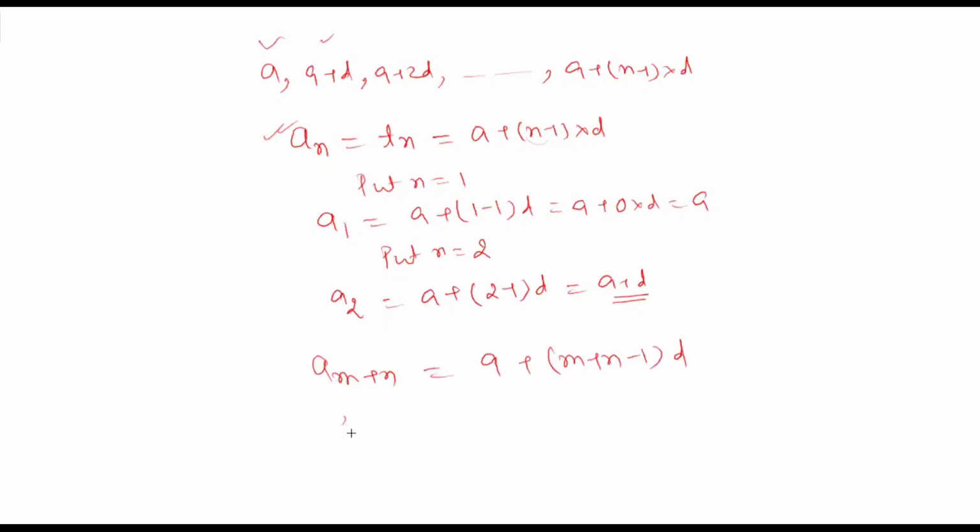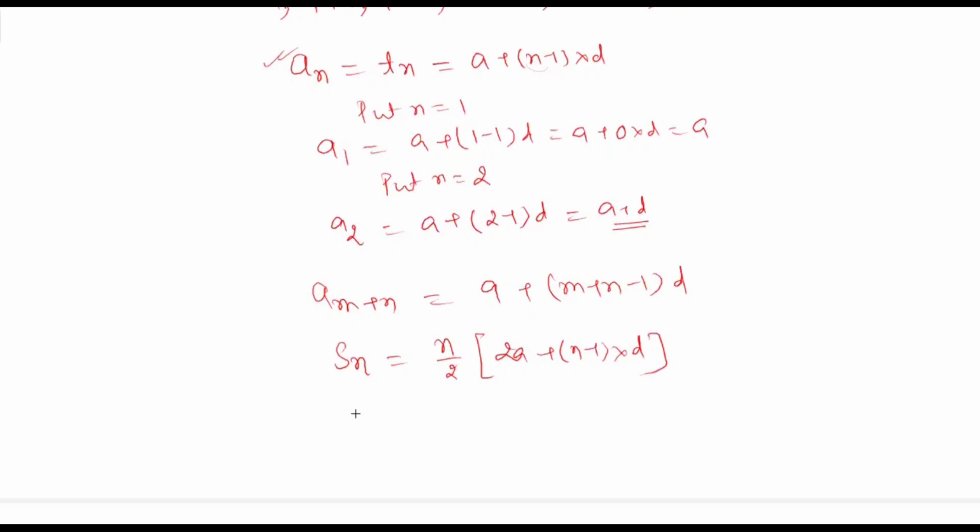The summation up to n terms is given as Sn equals n by 2 into 2a plus n minus 1 into d. So all it means is that S1 is going to be 1 by 2 into 2a plus 1 minus 1 into d, which gives 0. 2a by 2 is going to give you a.